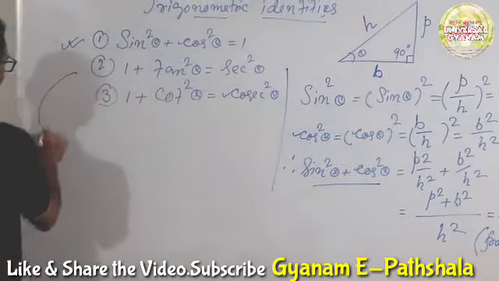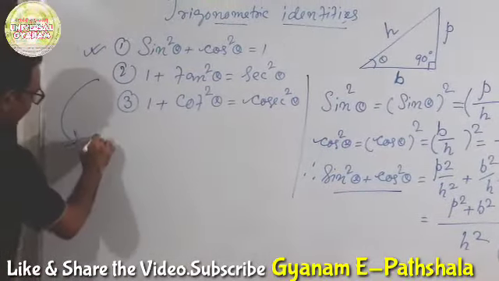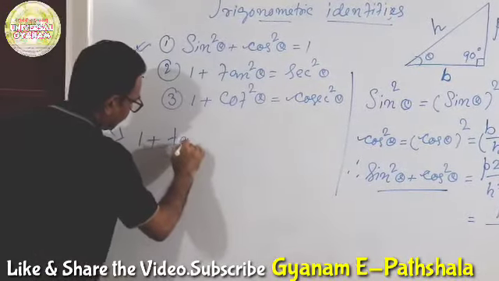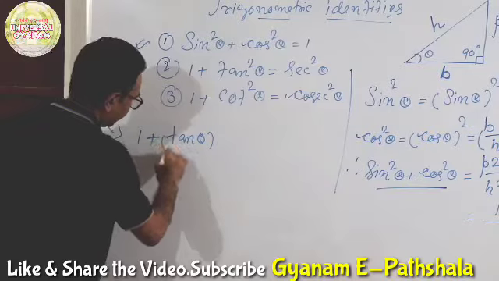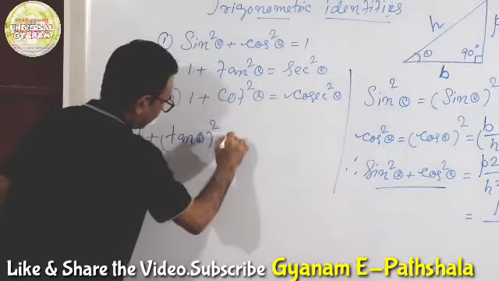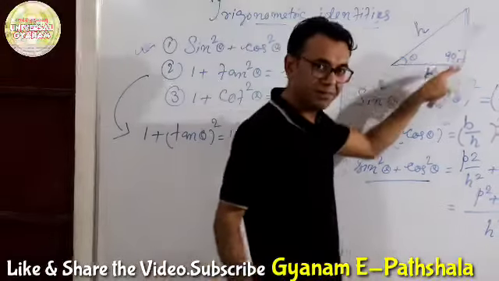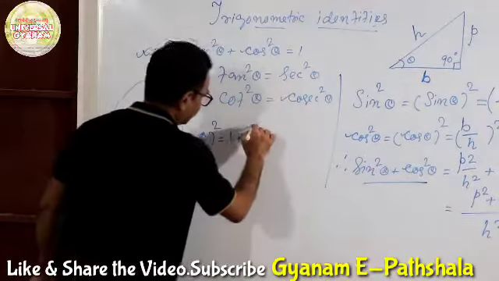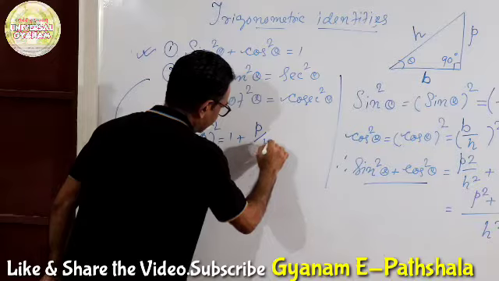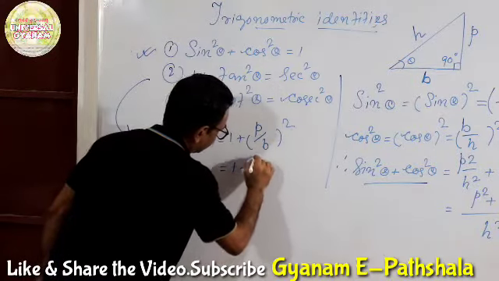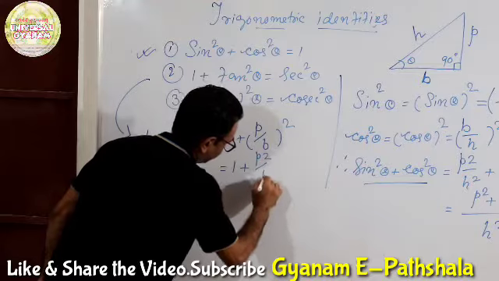Very simple. 1 plus tan square theta is 1 plus tan theta whole square. Tan theta is perpendicular by base. So perpendicular by base whole square. This is 1 plus p square by b square.